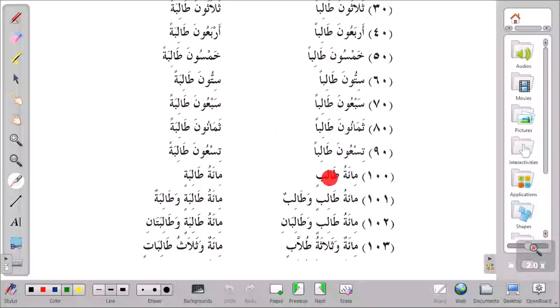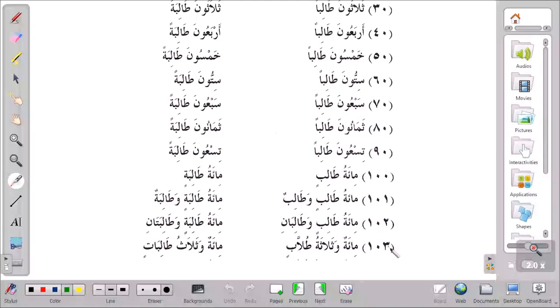If you have 102, you can say mi'atu talibin wa thnatani. I hope that is clear. If you have 103, mi'atu talibin wa thalathatun. That is clear.